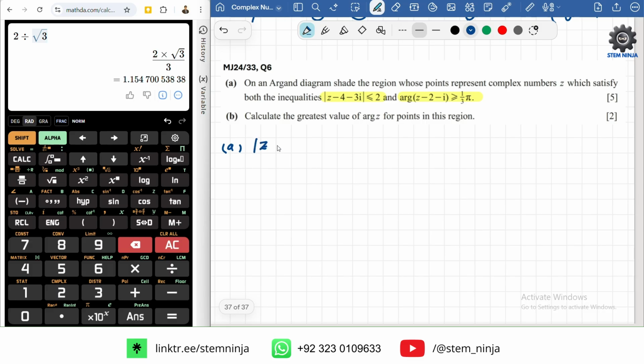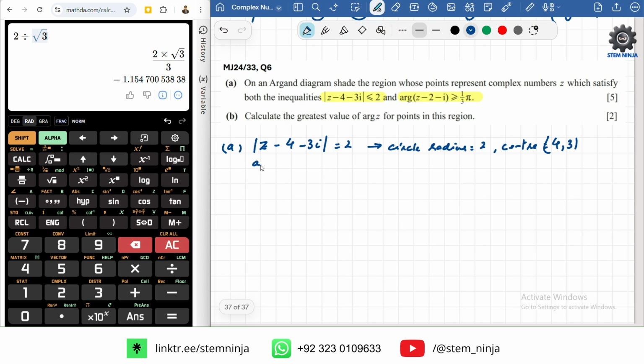So modulus of z minus 4 minus 3i less than or equal to 2. Even equals to 2, you can do that. This is a circle, radius 2, and center 4, 3, Cartesian coordinates 4, 3.